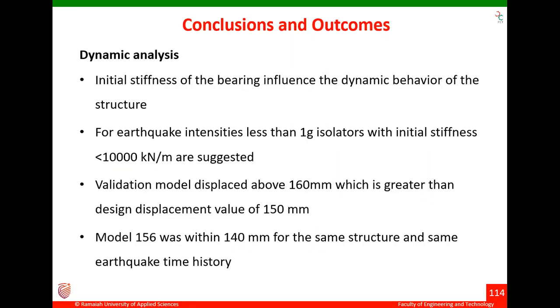To conclude this dynamic analysis, the initial stiffness of the bearing influences the dynamic behavior of the structure, that is true. And for earthquake intensities less than 1 g of ground acceleration intensity, isolators with initial stiffness less than 10,000 kN per meter are suggested, because if we use higher initial stiffness bearings, those isolators will not work with minimum intensity of earthquake, and hence that is also a poor case.